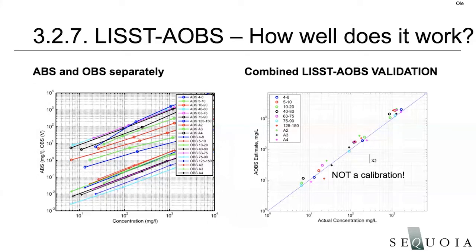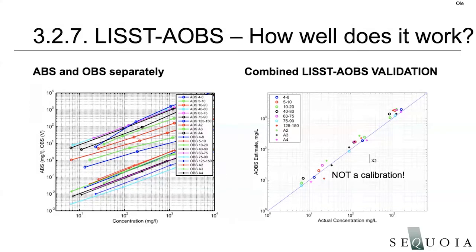You can see, for example, if you look at a concentration of 100 milligrams per liter, we have an order of magnitude or more of variation in the output from the turbidity signal, as expected from what we've seen before. We see the same for the ABS, and that is also as expected, because you can see in the curves that, for example, for 100 milligrams per liter, the ABS starts to show actually 100 milligrams per liter once we get up to particles that are 40, 50 microns and larger.